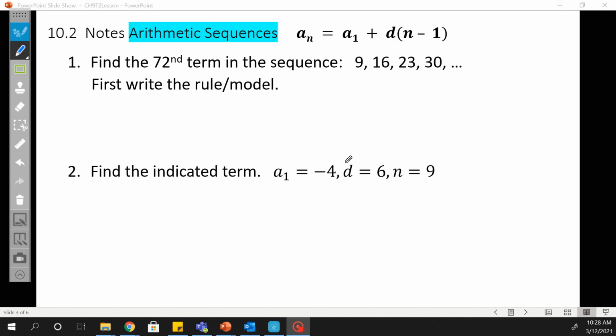Number 2, find the indicated term. a1 equals negative 4, d equals 6, n equals 9. So what we're looking for, the indicated term, is the 9th term. That's what we want here. We're given the first term, we're given the difference, and we're given the fact that we're looking for the 9th term. So let's start with the rule. a sub n, so the nth term, is equal to the first term, negative 4, plus the difference, 6, times (n minus 1).